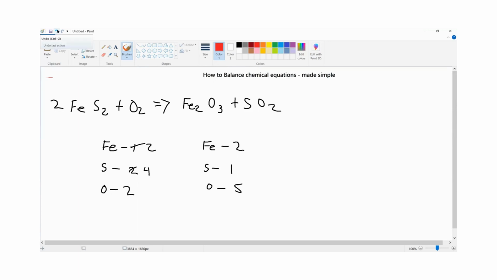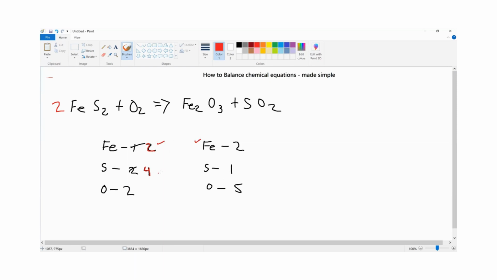Let me switch this to a red. And we still have 2 over here. So now this is balanced, this is balanced.